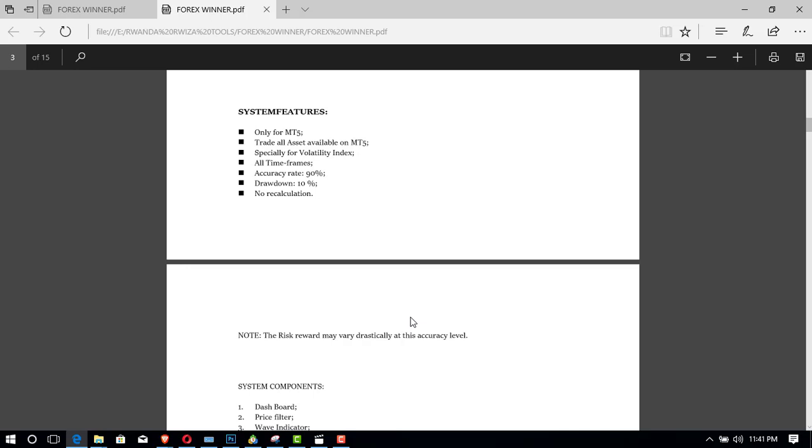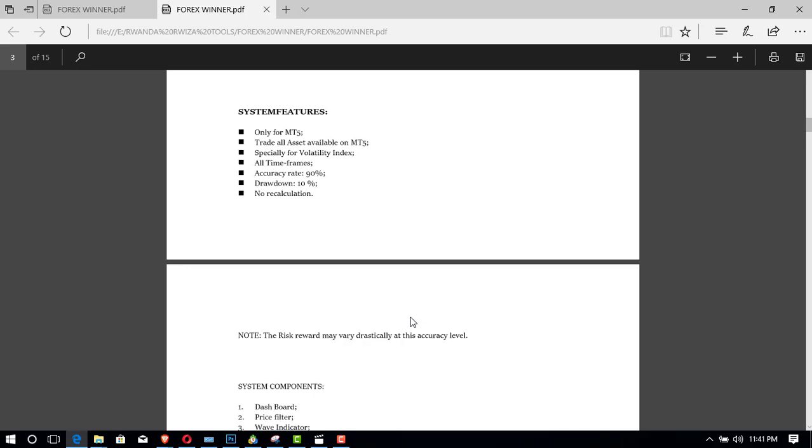So when the daily is buy, we have to find the buy entry, and when the daily is sell, we have to find the sell entry. So on the dashboard we must have price volatility, wave indicator, trend indicator, low trading section.